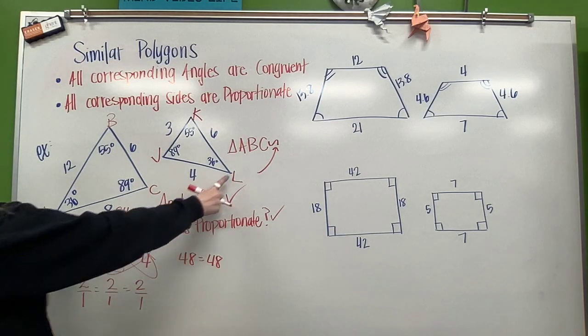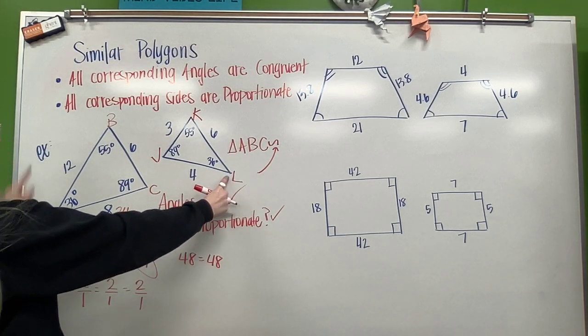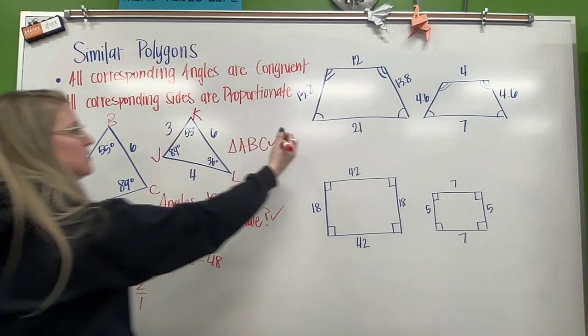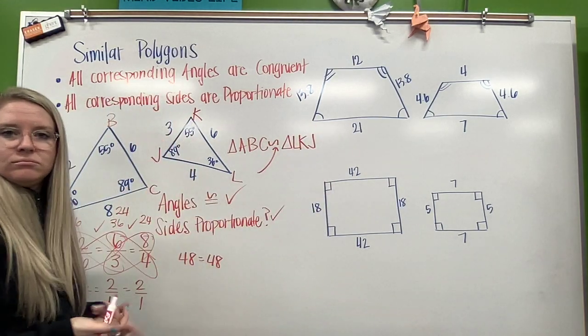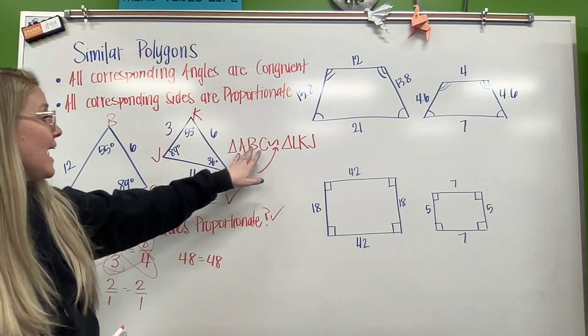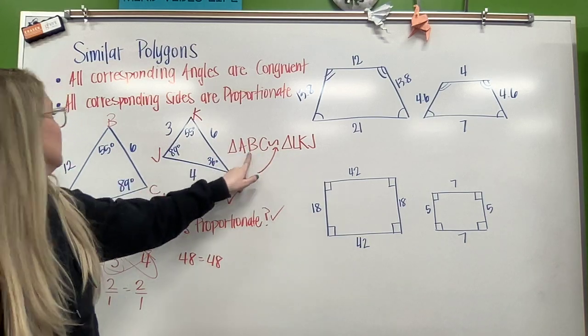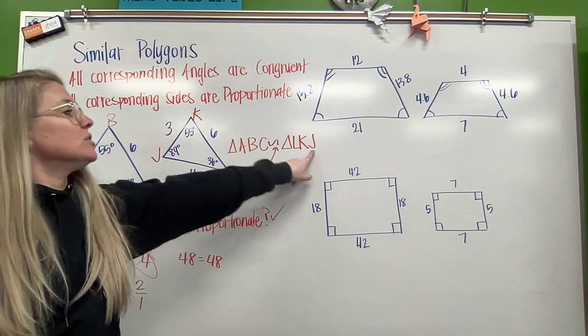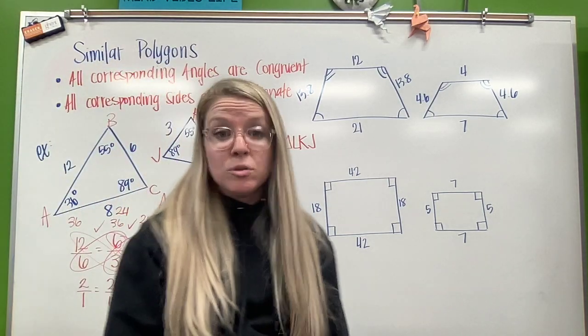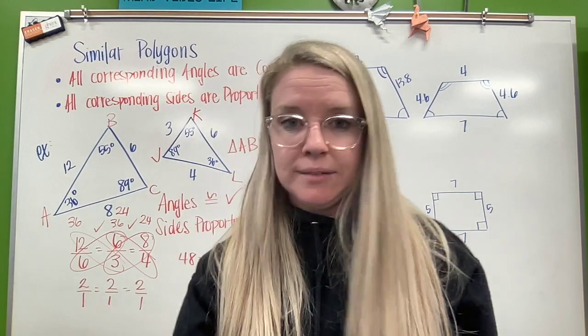If I start at A, that means I'm starting at L. A to B is L to K. So angle A is congruent to angle L, B is congruent to K, and C is congruent to J. And the corresponding sides are proportionate.